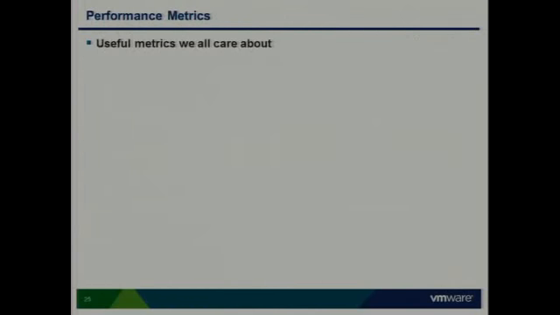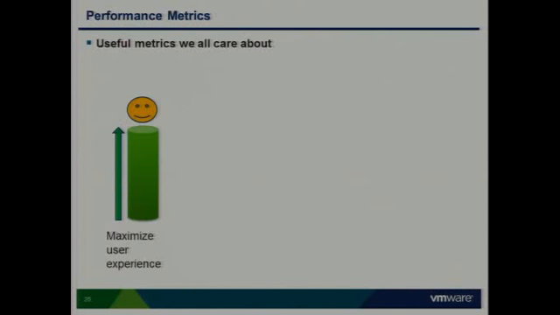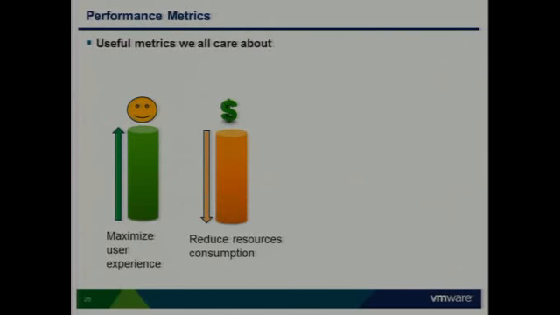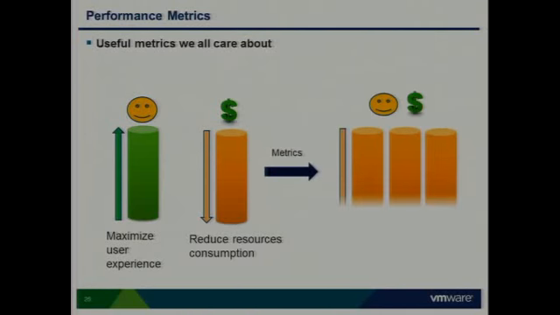So what are the metrics we all care about? We want to maximize the user experience, right? So that all VDI users are happy. We also at the same time want to minimize the resource consumption, right? So that we can save cost. What does this translate to in performance metrics?